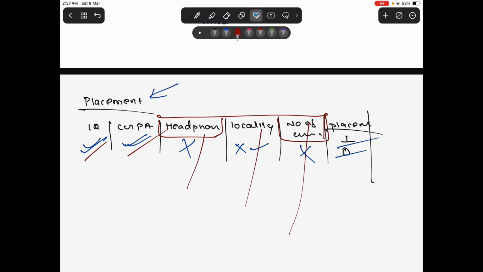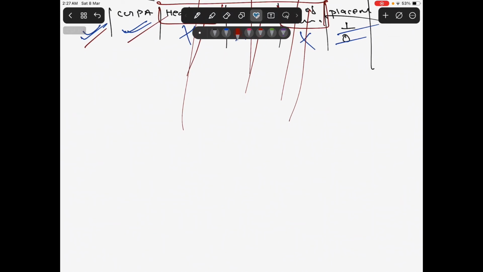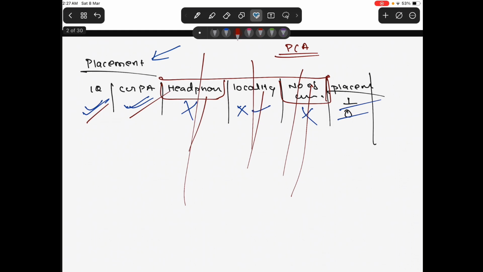So in PCA, we neglect or reduce the unnecessary columns from a data set, or if there are so many features, we remove those features which are not necessary for training on that data set. This is the first example.